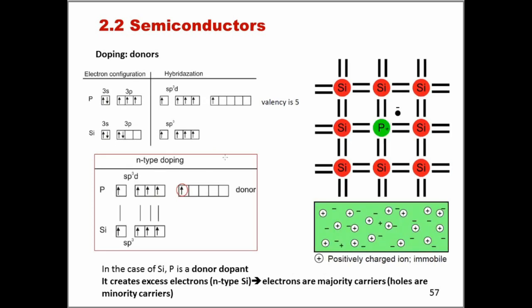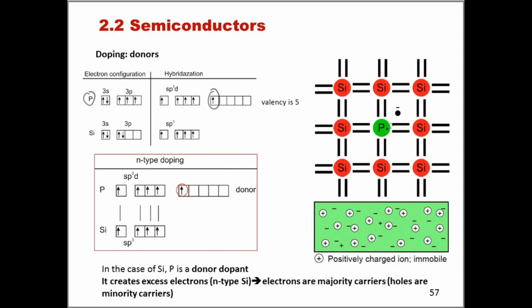On the other hand, if we consider donors like phosphorus, by looking at the hybridization of the valence electrons, we can see that phosphorus has an extra electron that obviously cannot be matched by any electron in silicon.